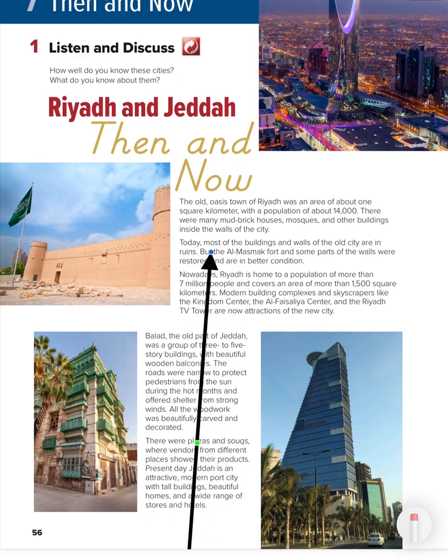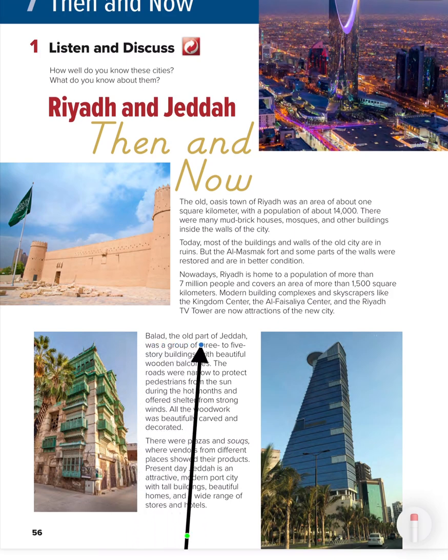Today, most of the buildings and walls of the old city are in ruins. But the Al-Masmak fort and some parts of the walls were restored and are in better condition. Nowadays, Riyadh is home to a population of almost 5.5 million and covers an area of more than 1,500 square kilometers. Modern building complexes and skyscrapers like the Kingdom Center, the Al Faisaliya Center, and the Riyadh TV Tower are now attractions of the new city.